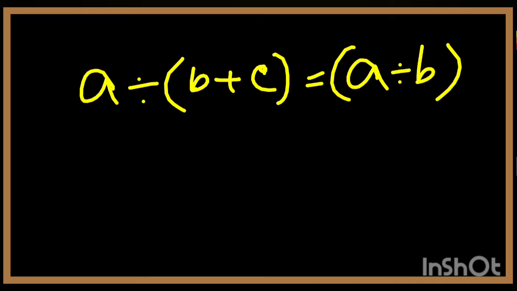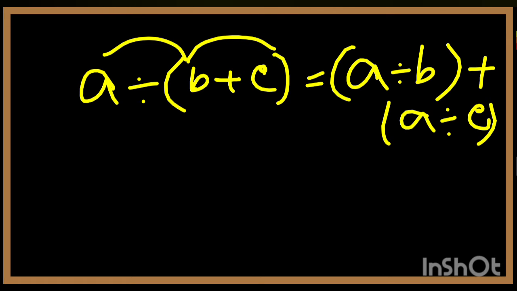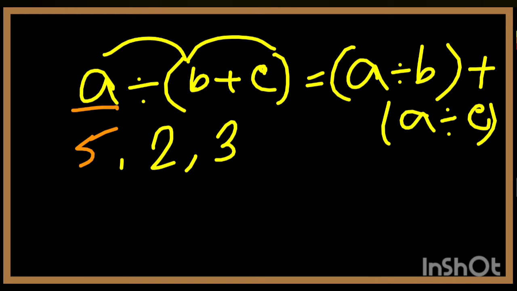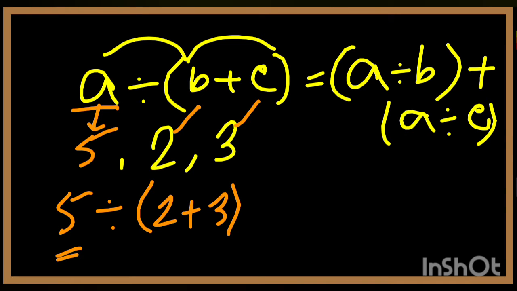If we replace A, B, C by 1, 2 and 3, or any other numbers, suppose I am taking 5, 2, 3, then what will you do? In place of A we put 5, and in the places of B and C we put 2 plus 3. So in the answer I get 5 divided by 5, so the answer is 1.